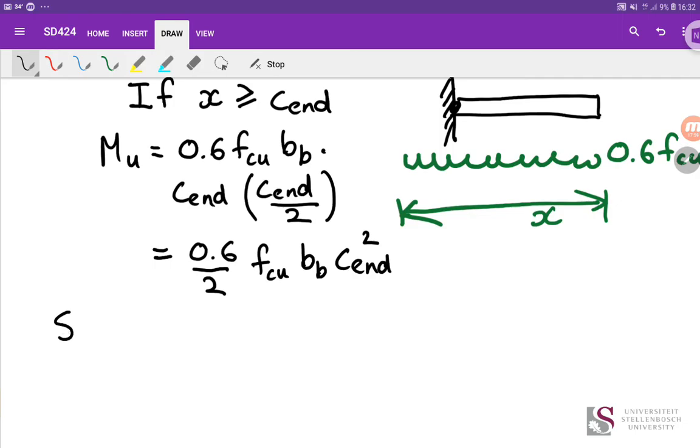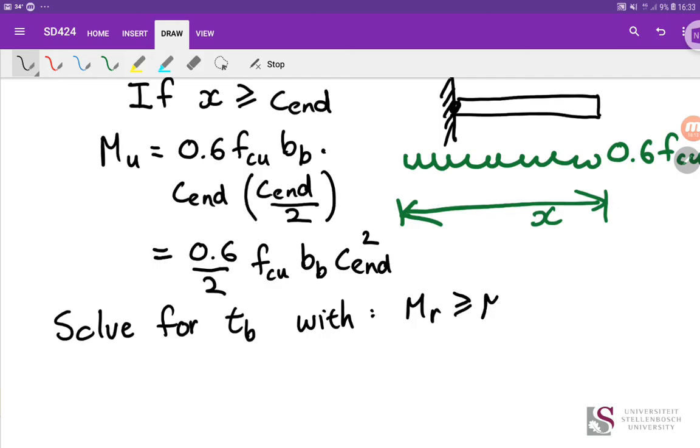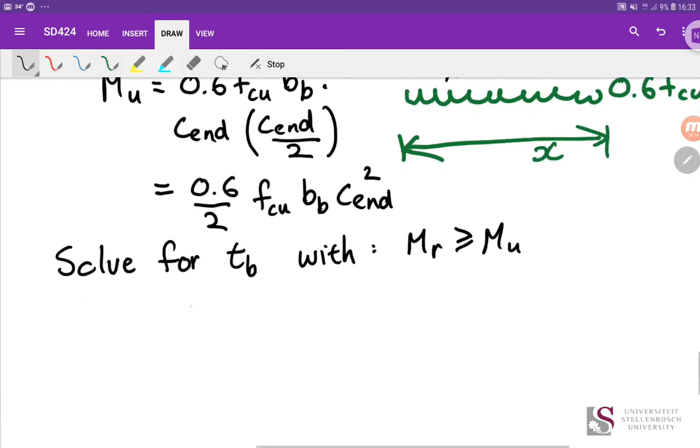So now we need to solve for TB with our moment of resistance must be greater than our ultimate moment, and our moment of resistance is phi Zpl Fy.